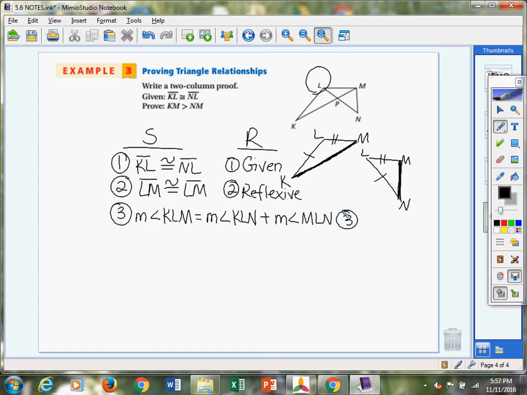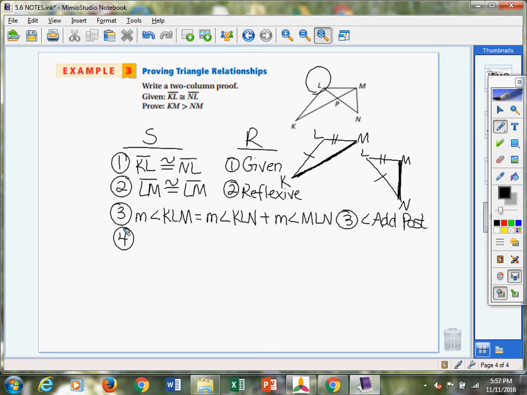Okay, and the reason is the angle addition postulate. Two smaller angles added together form a larger angle overall. Okay, so that's probably a good place to start.